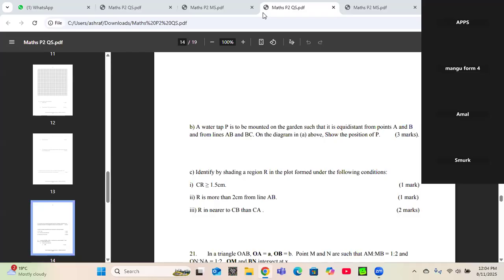Good. Then the other one is the locus of points equidistant from lines AB and BC. How do we get the locus of points equidistant from lines AB and BC? Yes, Masha? You can unmute yourself.